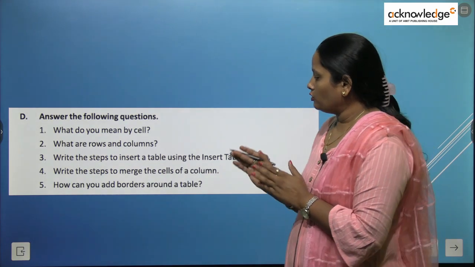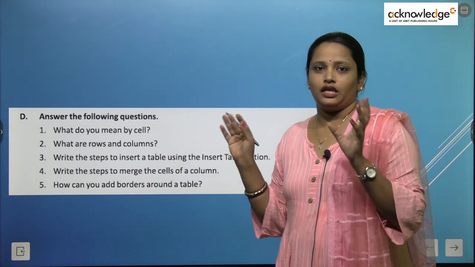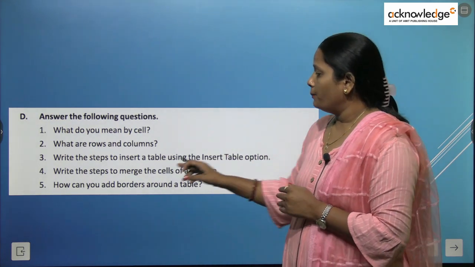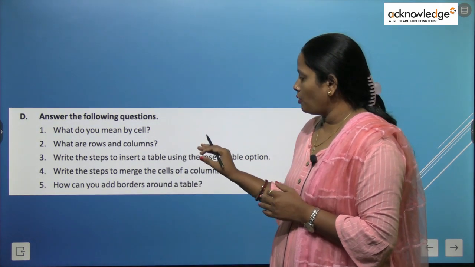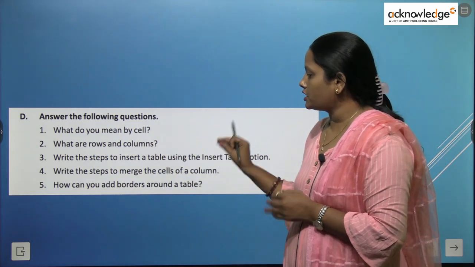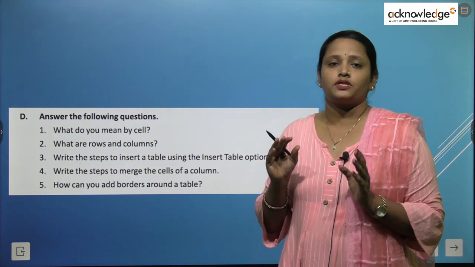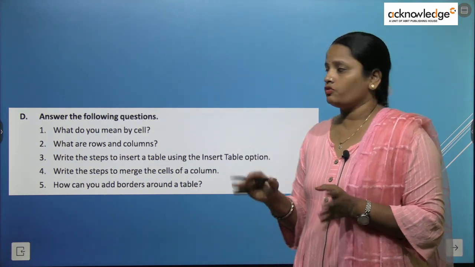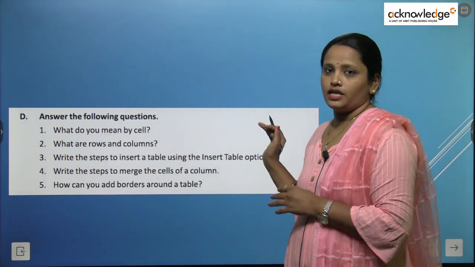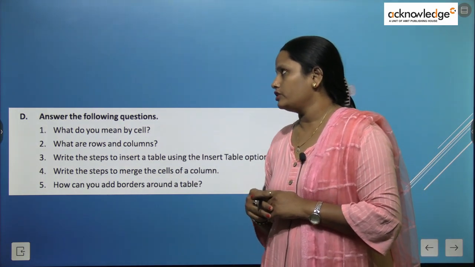After that, we have to go to the Design tab, in the Table Tools group, and from there select the Merge Cells option, which is present in the Merge group. So from there we can select it, and after clicking on that option, the cells will be merged and a single cell will be made in front of us.